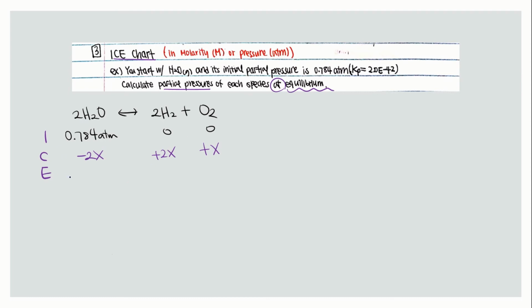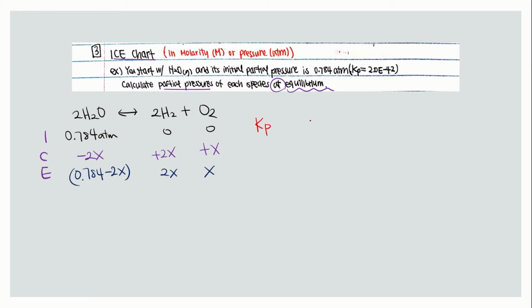And then at equilibrium, the partial pressure of H2O would be the sum of these, which is 0.784 minus 2x, and 2x for H2 and x for O2. In order to find these, you'll have to set up the equation of Kp and then plug these terms in.